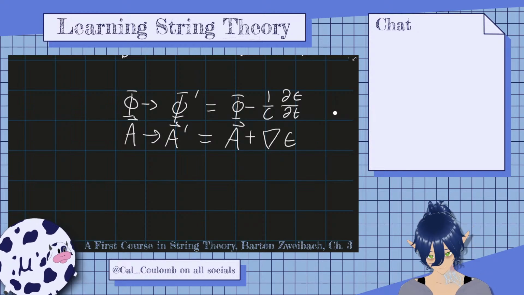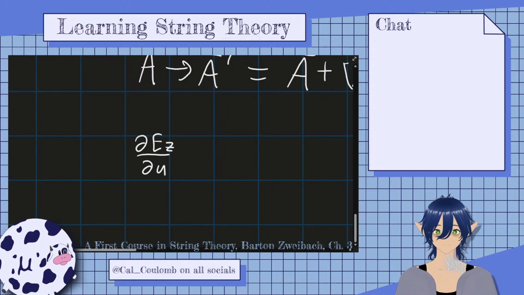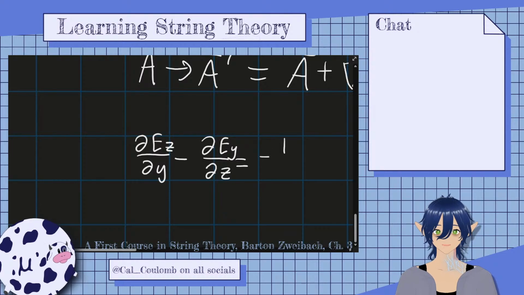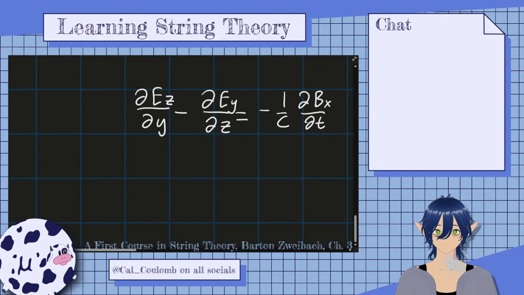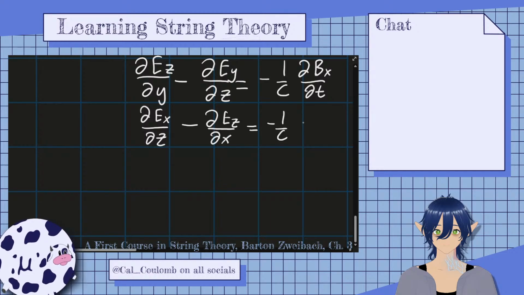So this gives us partial Ez over partial y minus partial Ey over partial z is equal to minus 1 over c partial Bx over partial t, and partial Ex over partial z minus partial Ez over partial x is equal to minus 1 over c partial By over partial t.